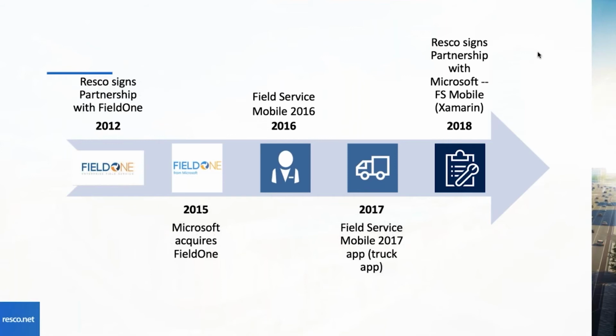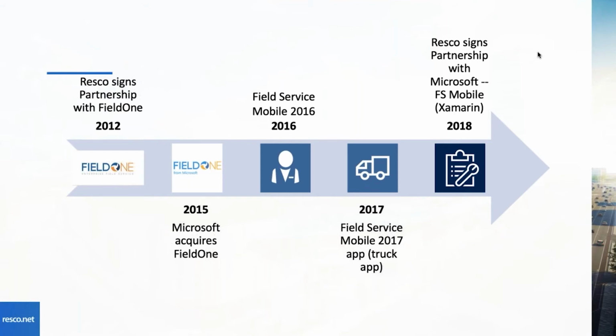back then the Microsoft Dynamics CRM customers and partners as well, we signed a partnership with a company called Field One Systems. This was a typical ISV, a company that had quite a lot of experience and expertise in field service, and they built their own product on top of Microsoft Dynamics CRM.